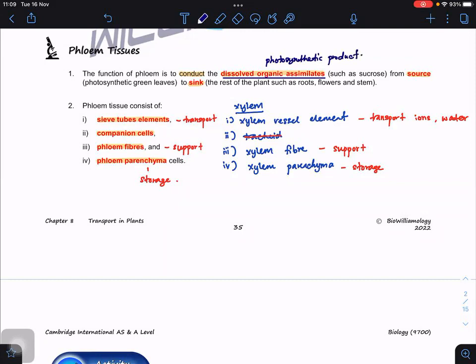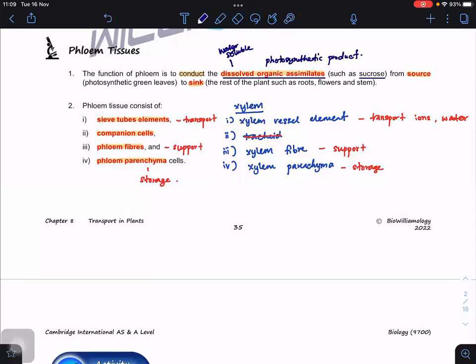In our syllabus, we are going to use sucrose as our model to study how these dissolved organic assimilates are transported. Dissolved here means water soluble. If not water soluble, we wouldn't be able to transport them.